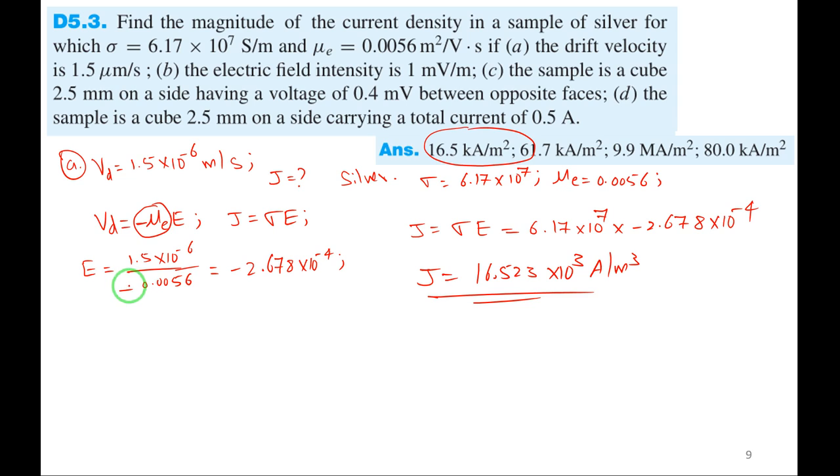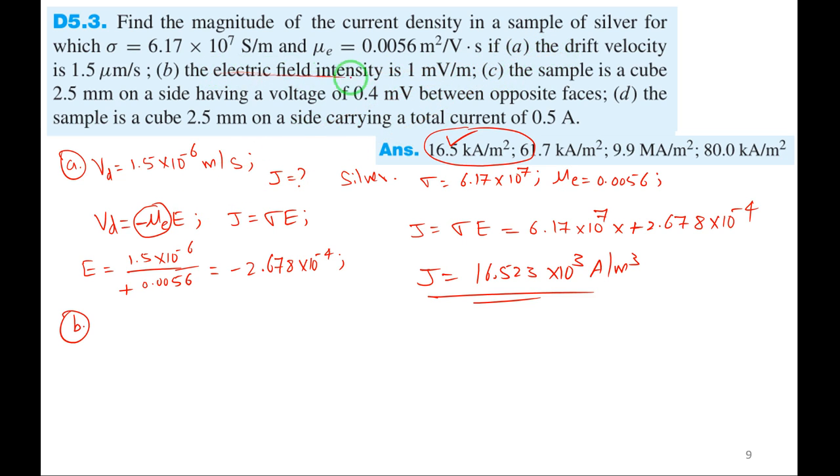Maybe because of that, right? Otherwise everything is fine. So whenever mobility of the electrons will come, we'll assume that it is negative only, because as per this we are getting negative only, right? So this will be plus. We'll see in the next problem, right? Whenever the mobility comes. So this first answer we got it, right? Then part B. I'll get back to you with this, right? Right now you take it as positive, right? Okay.